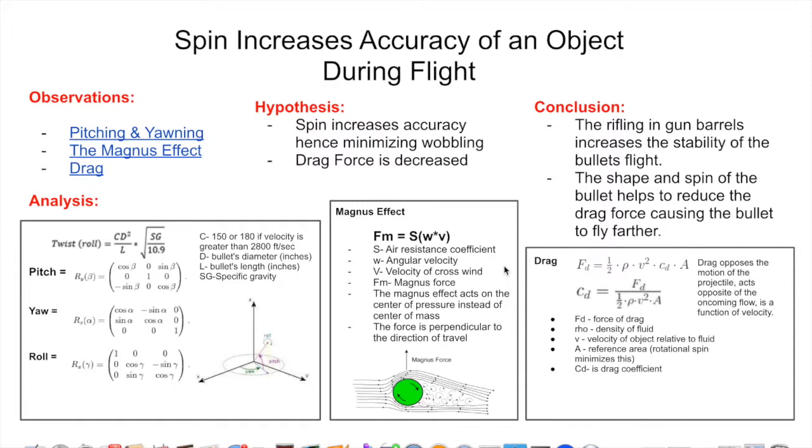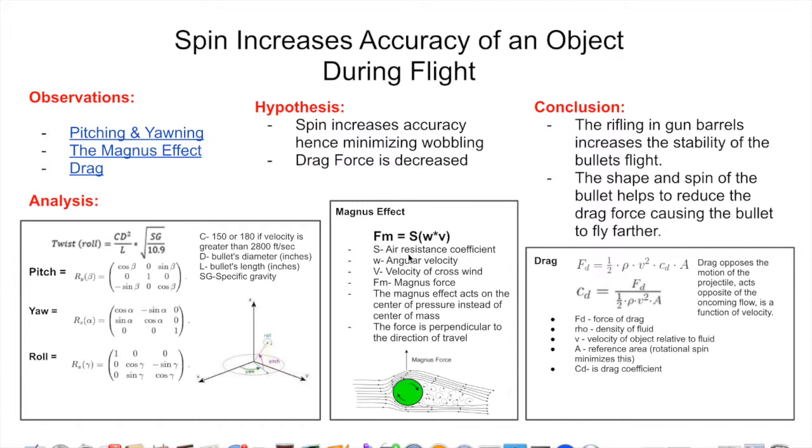The Magnus force plays a significant role in the bullet stability. The force acts at the center of pressure instead of the center of gravity. If the center of pressure is ahead of the center of gravity, then the Magnus force acts as a destabilizing force. If it is behind the center of gravity, it acts as a stabilizing force.